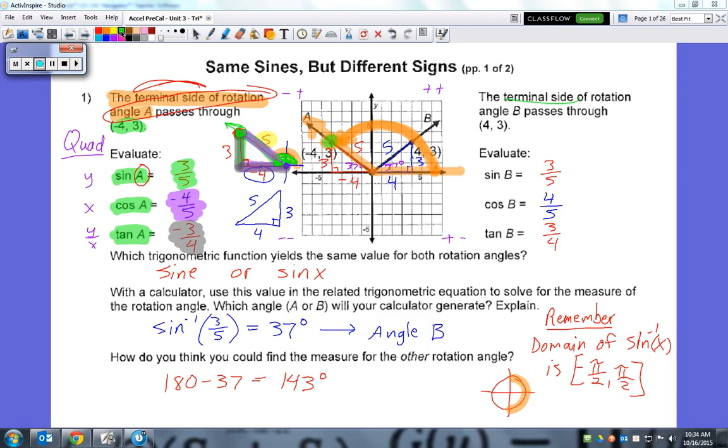It says the terminal side of the rotation angle B. So this time we're going to use the angle B, and the terminal side is an angle that's created still from 0 degrees, and it's going through B. Now this one is more of a reference triangle because it's in my first quadrant, and it has this positive, or less than 90-degree, reference triangle. So here's my angle, if you will.